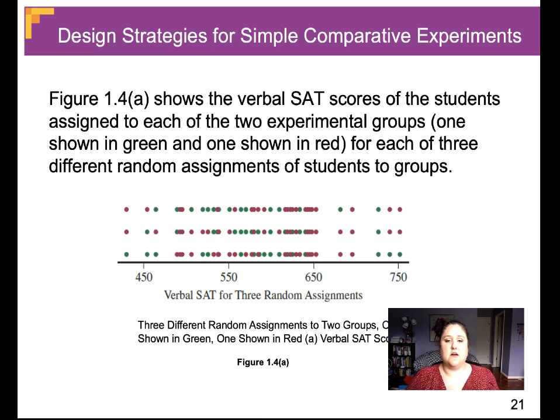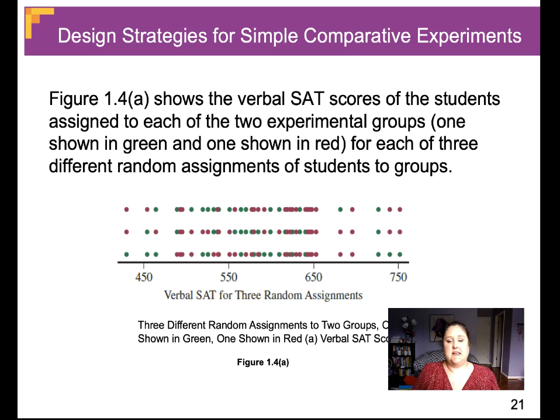And you'll see here that based on several different random assignments, we have these groups represented. The green dots would be one group, the red dots would be another group. And you can see that the spread of the SAT scores stays relatively similar no matter which random assignment that we used.